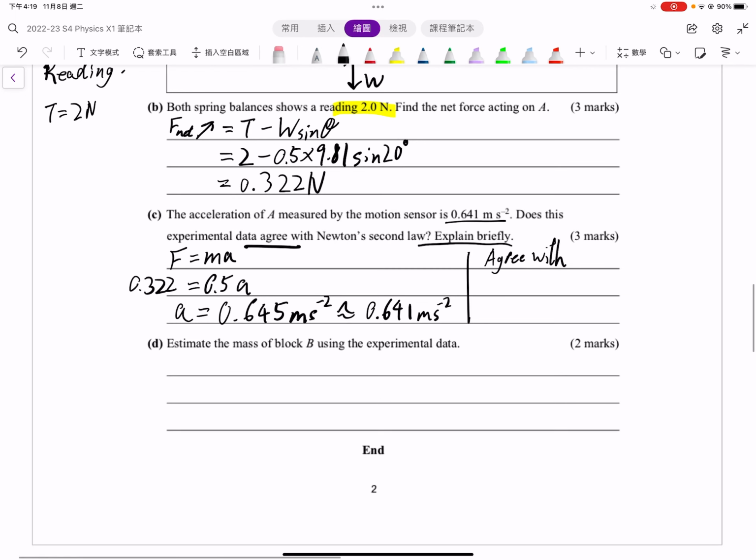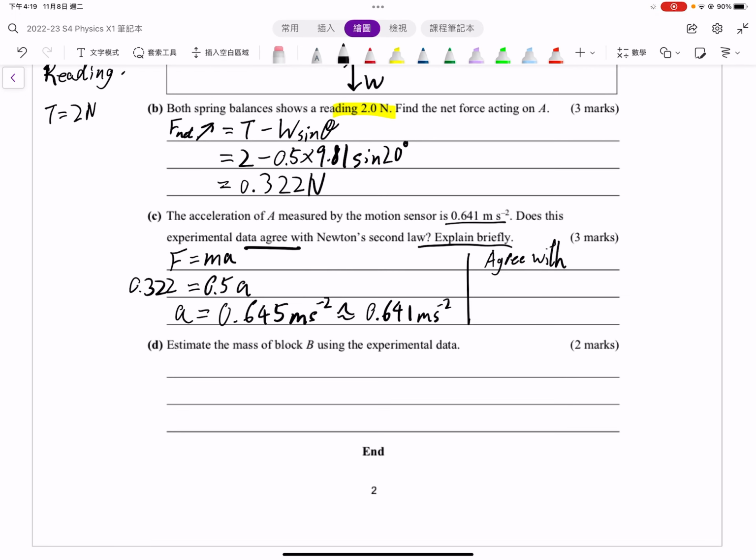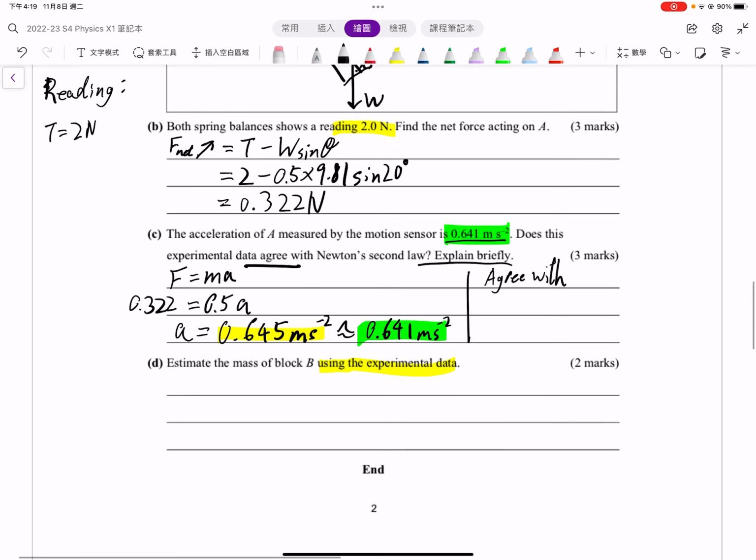Okay. Now, for part D, it said using the experimental data, but some of you used this one instead of the experimental data. You should use the green one, because it said that you have to use the experimental data. So if you use 0.645, you will not be given any marks because you did not follow the instruction.